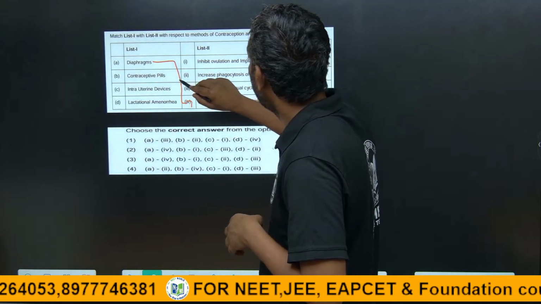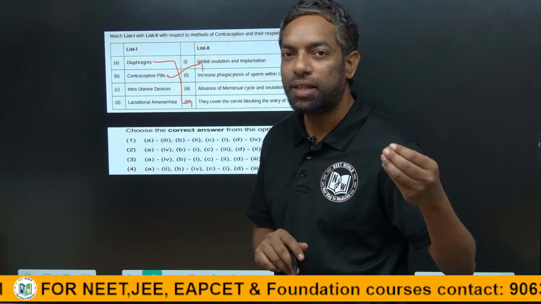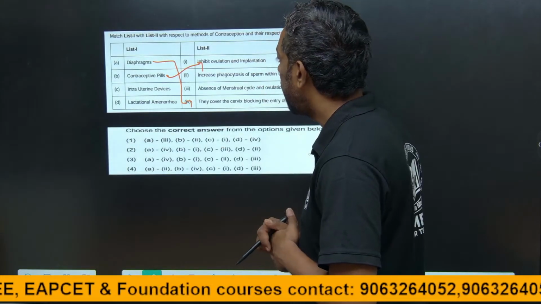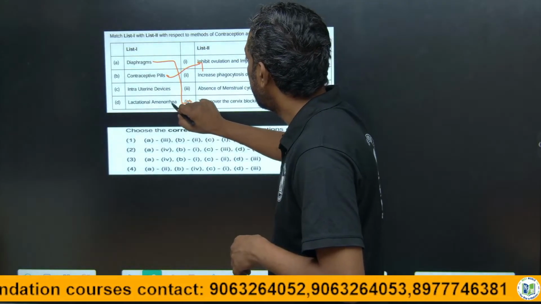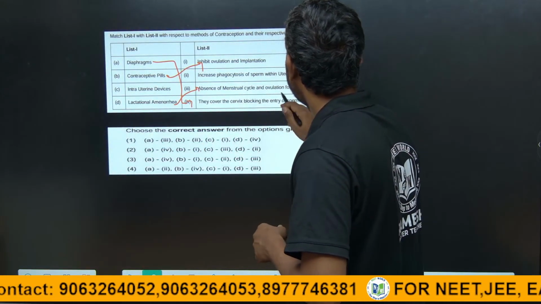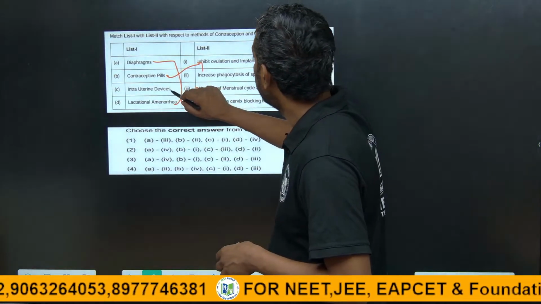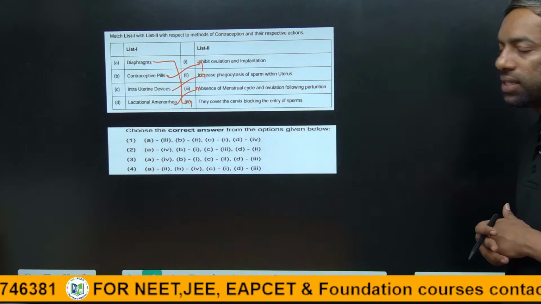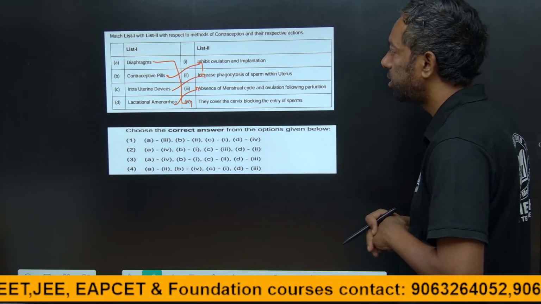Inhibit ovulation and implantation. Lactational amenorrhea means absence of menstrual cycle and ovulation following parturition. Intrauterine devices increase the phagocytosis of sperm within the uterus. This is the answer, guys. Very simple. Okay? Direct questions.